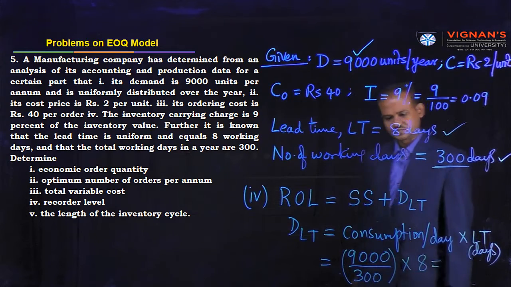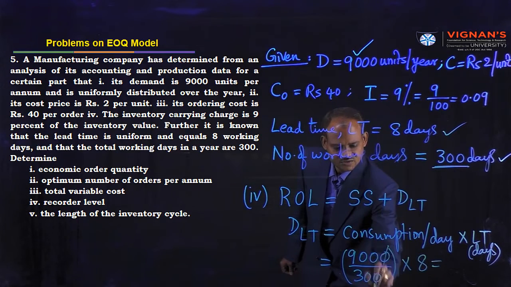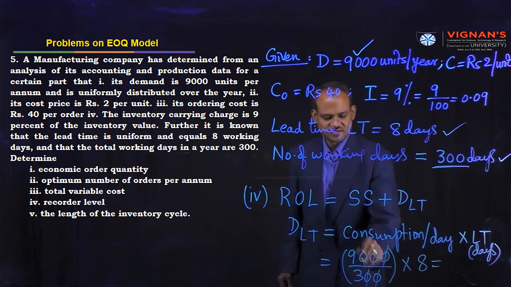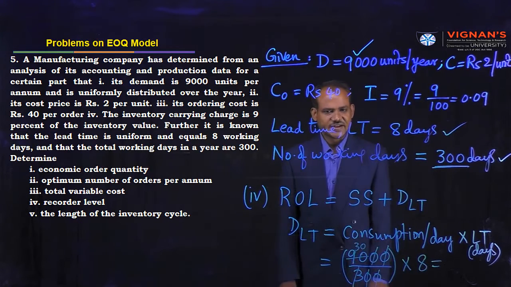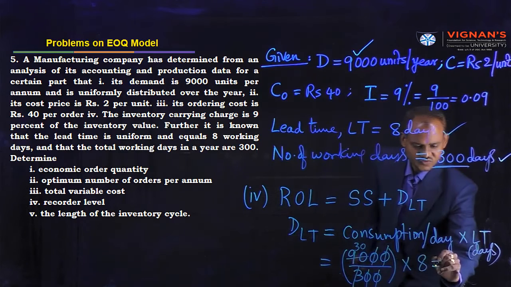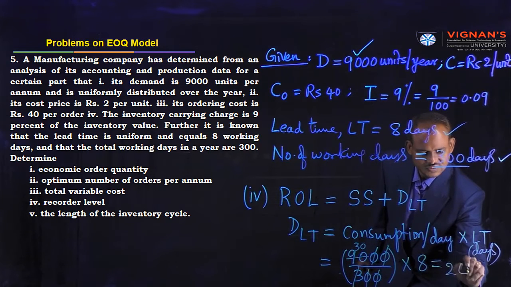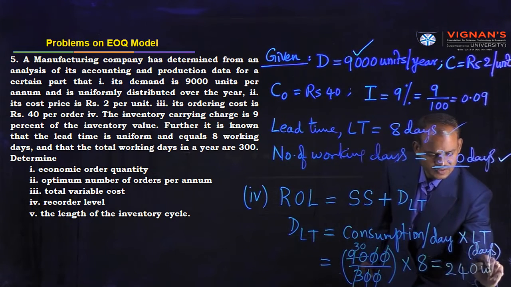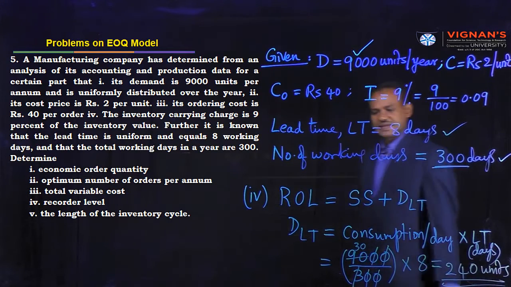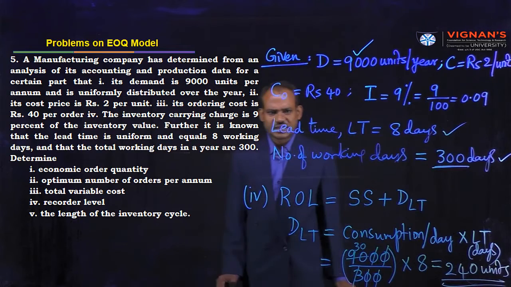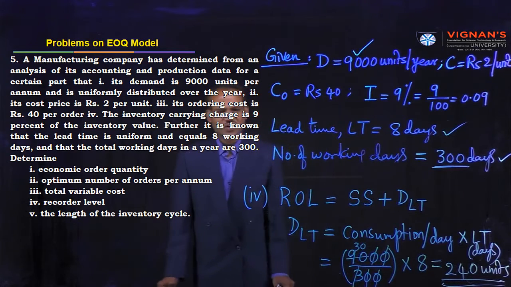Zeros cancel. 30 times 8 is 240. Therefore, DLT, the demand during lead time, is equal to 240 units.